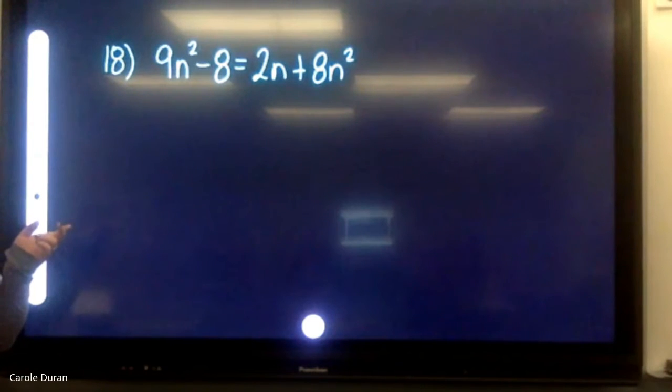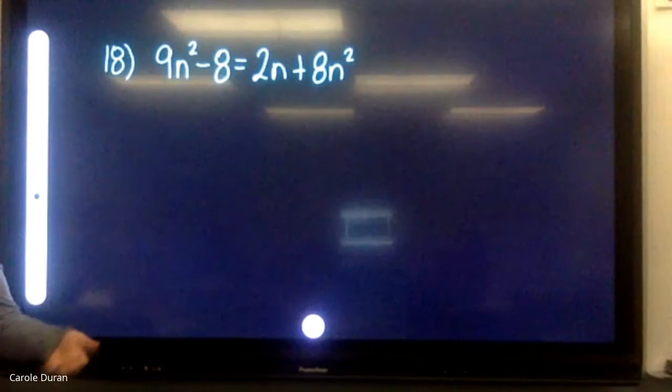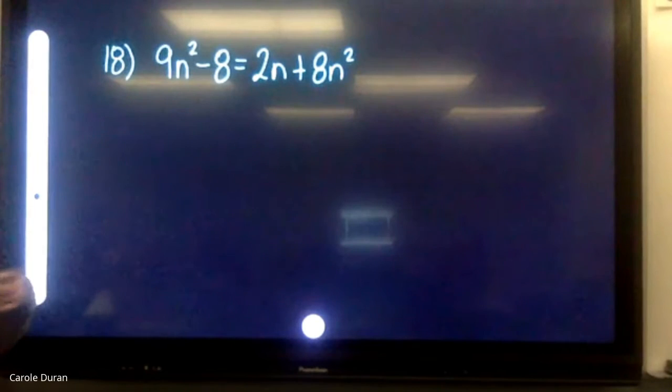Can I use the quadratic formula the way it is right now? No. Why not? It has to be set equal to 0, and I can only have one of each type of term, so it needs to be simplified. So Grant, what can I put together and how would I do it? Subtract one across. Which one would you like to subtract?